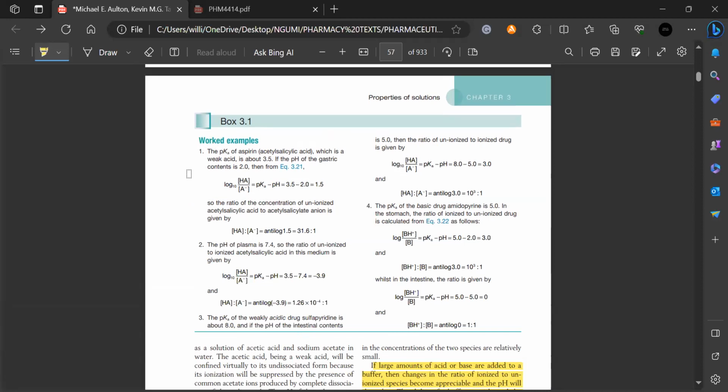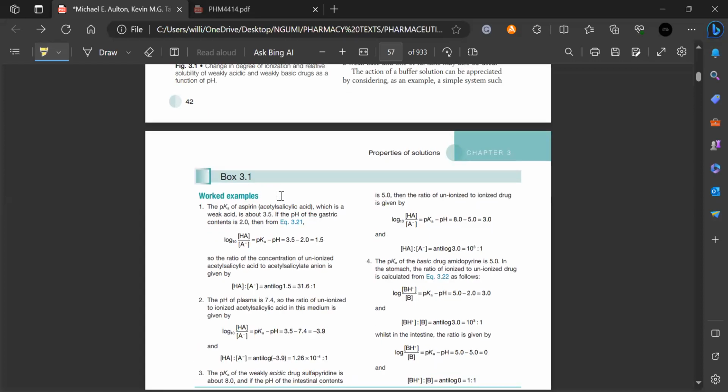So the pKa of aspirin, which is a weak acid, is 3.5. If the pH of gastric contents is 2, I don't even know what this question is asking, but basically it's asking for what we get from pKa minus pH. If anyone has a calculator, take it out.